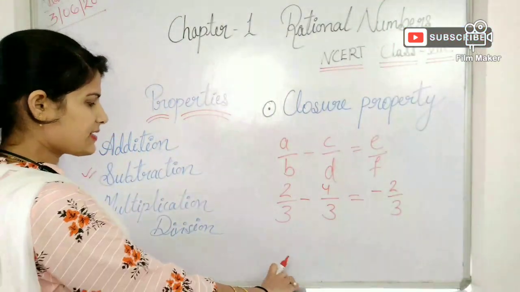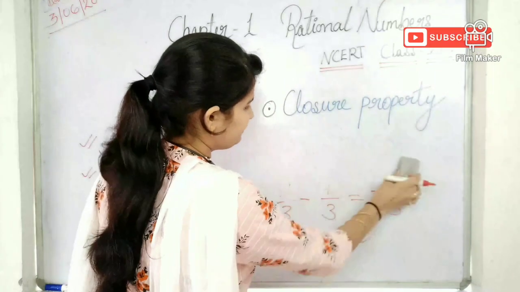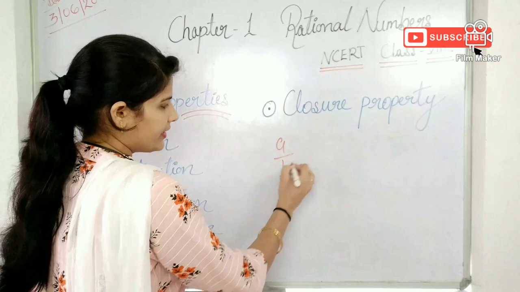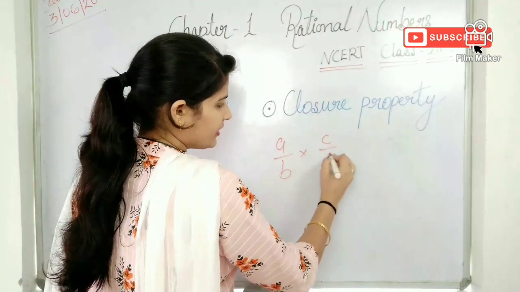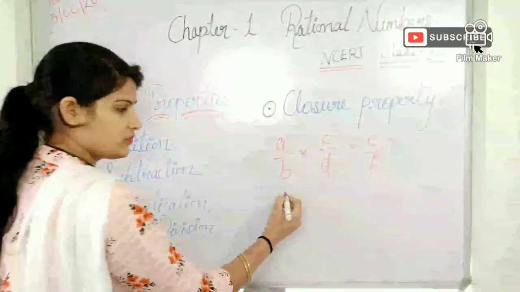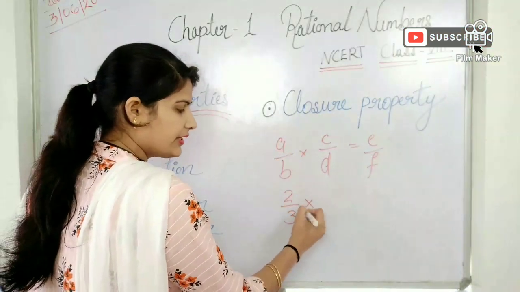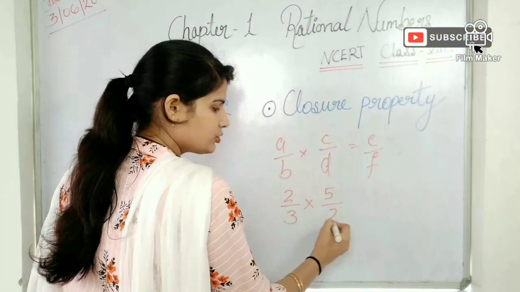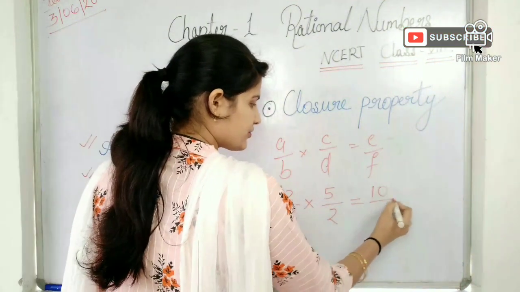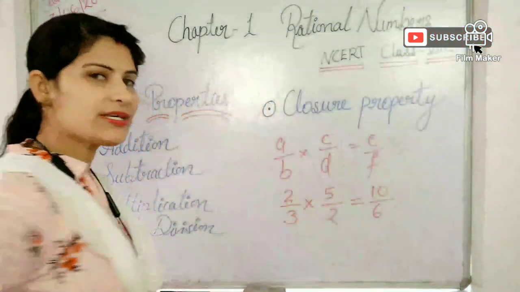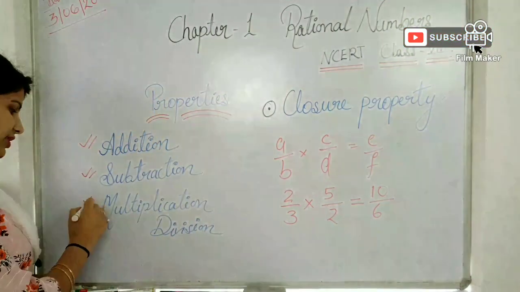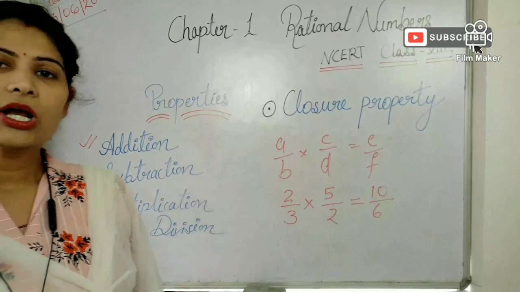Let's take another example, multiplication. The product of 2 rational numbers is also a rational number. 2 upon 3 multiplied by 5 upon 2 is 10 upon 6, which is also a rational number. So multiplication also belongs in closure property.